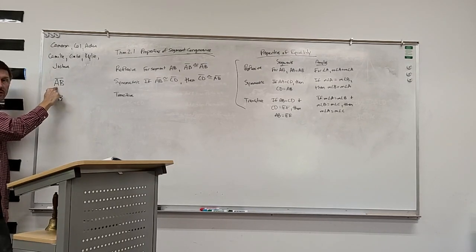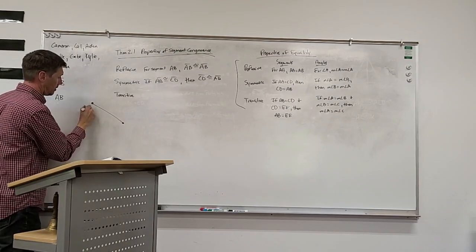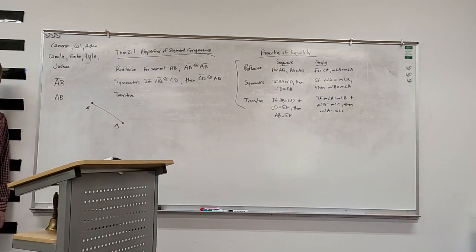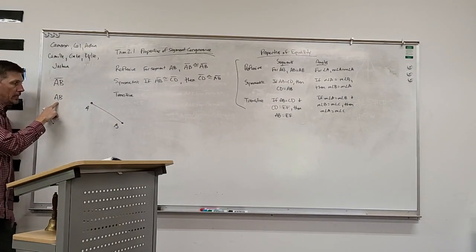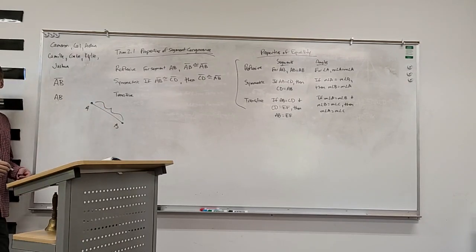This just references the line segment, so if I write AB on here, I know that you're talking about this line segment here. But if you write the measure of AB, now I know you're talking about what is this distance, what is that measurement.